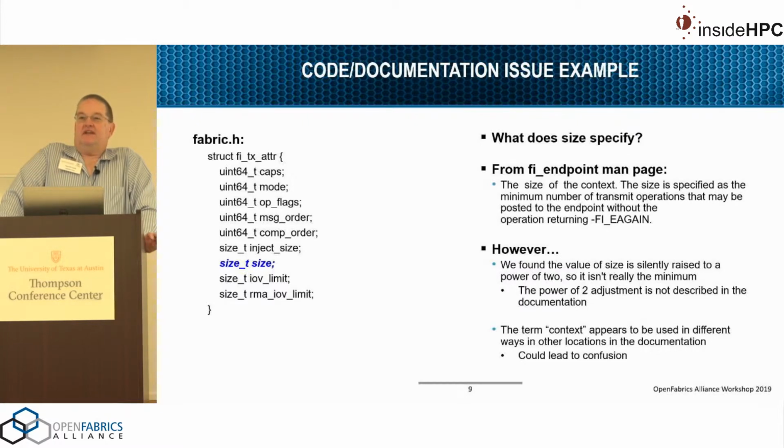That could lead to confusion. And again, we all know how difficult documentation can be. And I recognize that. I've been in this business far longer than I care to admit to. And it's always a struggle to get really good documentation. But we all also need to recognize that if we're going to be successful, some of these things we need to be able to address and move forward.